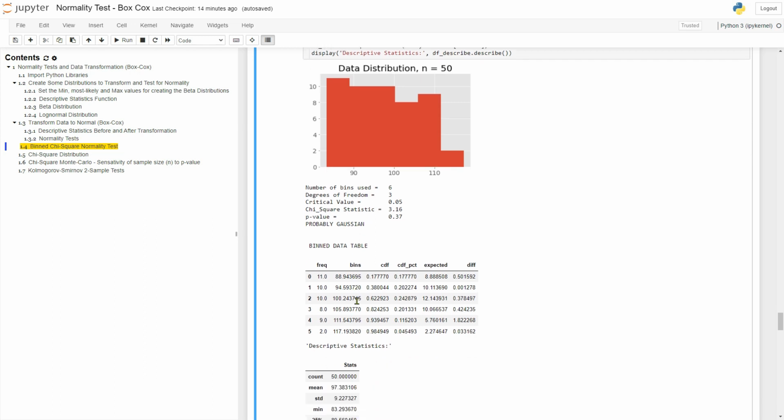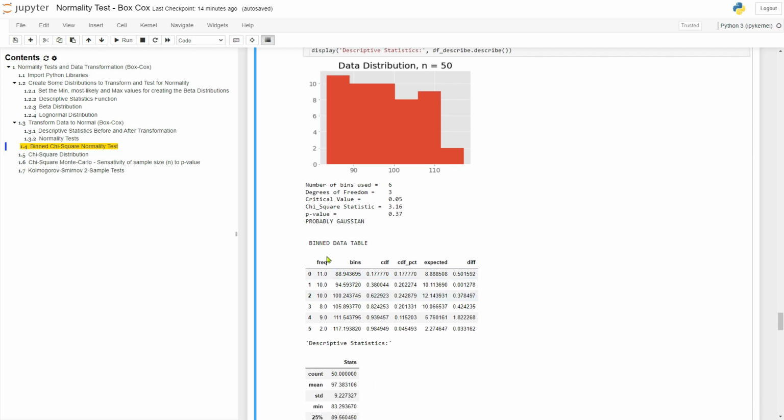What the script does basically is it looks at the bin data and the frequency in each bin. And then it looks at what the expected frequency would be for the chi-squared. The difference between the expected and the observed is the difference, and the sum of these differences represents the chi-squared statistic.